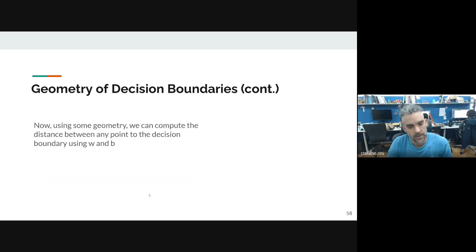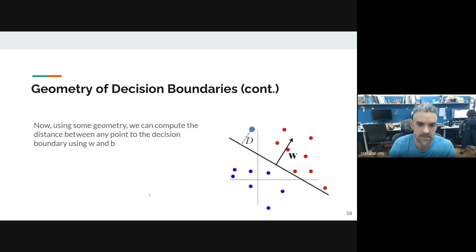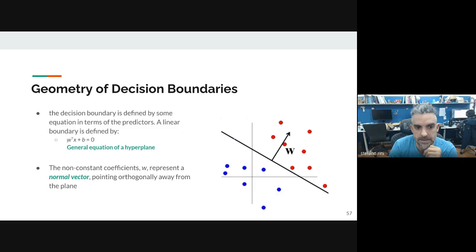And then we can use geometry to describe the distance between the points and the plane, because we measure the distance along the normal. This turns out to be this beautiful equation: omega transpose x plus b divided by the norm of omega. Of course, the norm of omega must be there, right? Because if you multiply this omega by 10 and this b by 10, then the equation still holds.